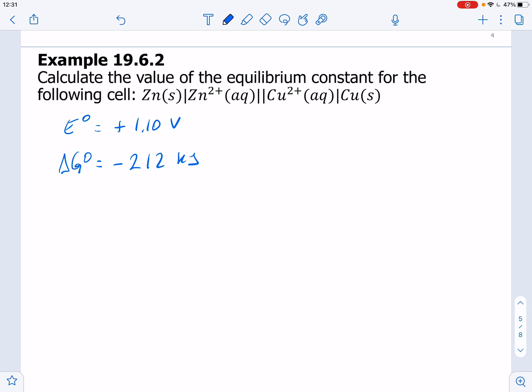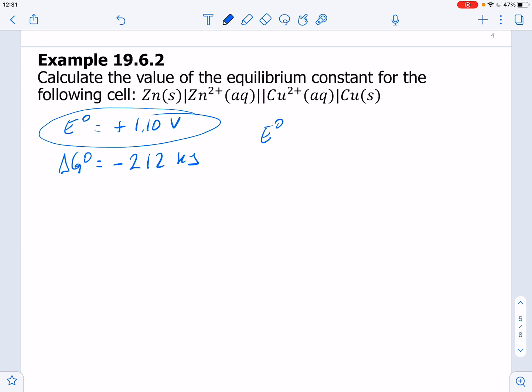Okay, so you can go from delta G directly to calculate that, or you can simply use the voltage. Since you have already used delta G to calculate K, how about we use the potential to calculate the constant.